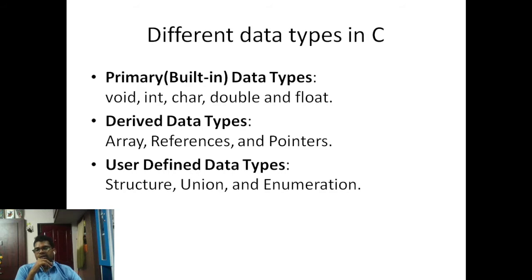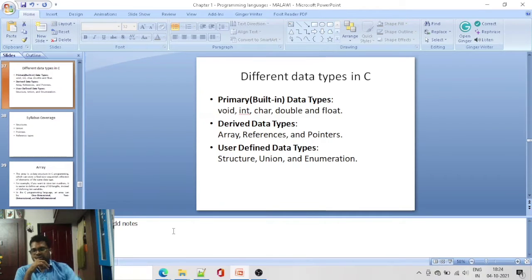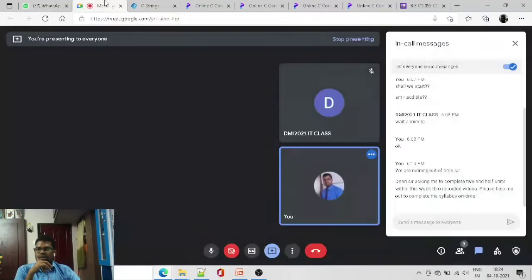In that way it can take the value and assign it to the float variable. The next one is derived data types: arrays, references and pointers. These are all derived data types.